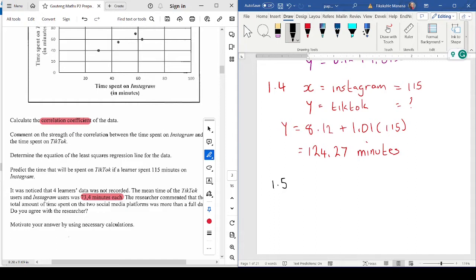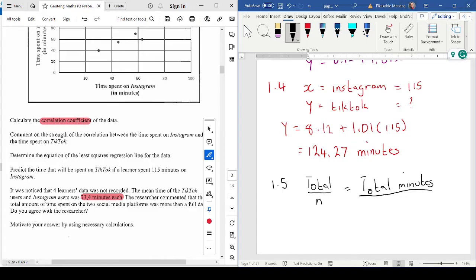The mean is given by the total data divided by the number of data sets. So I'm just gonna write total. Since we're talking about minutes, it's gonna be total minutes, and that's gonna be divided.